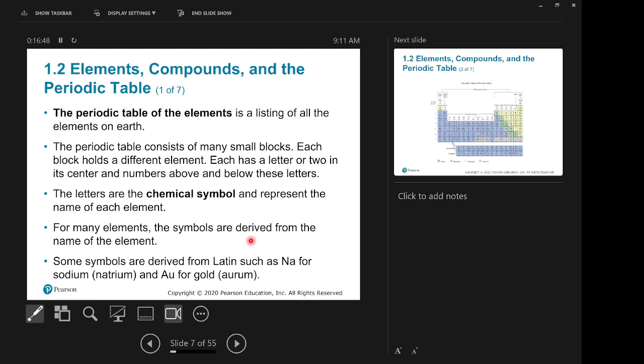For many years, the symbols are going to be derived from the name of the element. Some symbols are derived from the Latin. For example, sodium is natrium, and Na comes from natrium, Latin for sodium. Gold is aurum, Au, and that's where the gold 2-letter symbol came from. It's actually the Latin name for it.